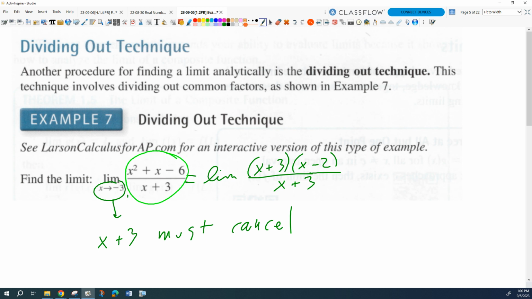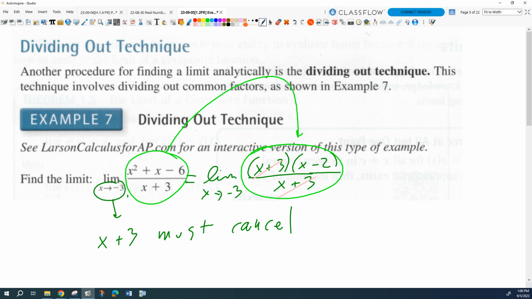We're going to do algebra inside the limit first to simplify what's going on inside the limit. So we took the argument of the limit and we turned it into that, which was a good idea because what cancels? The x plus 3's. Okay, so those guys cancel.